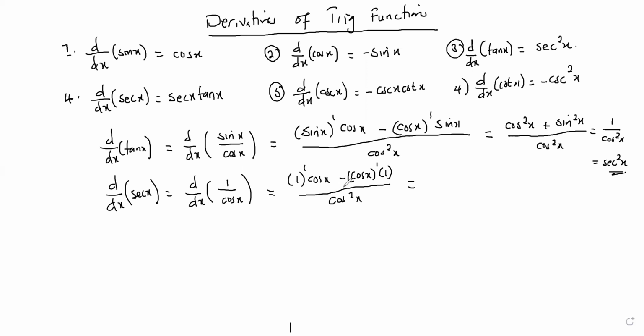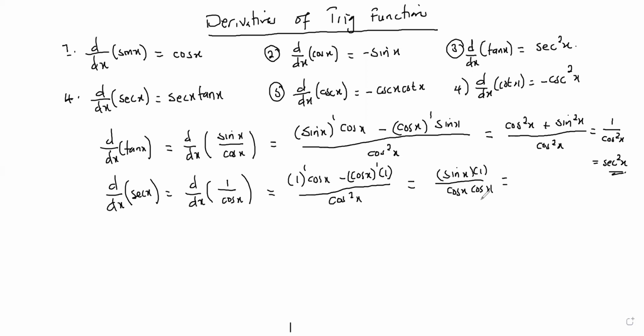The derivative of 1 is 0, the derivative of cos is minus, so I end up having a plus sine over cos squared. I can write cos squared as cos x multiplied by cos x. And then on top there, I multiply by 1.